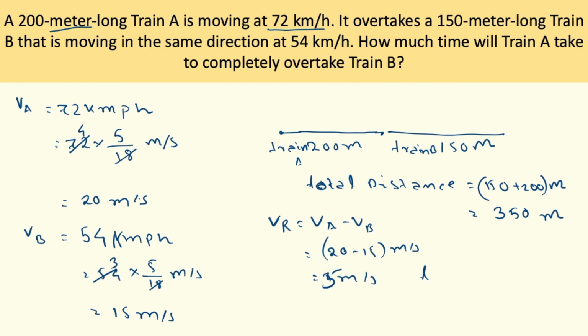And the time required would be equal to distance, 350 meters, divided by relative speed, 5 meters per second. So this would be effectively 5 into 7 is 35, 70 seconds is our correct answer.